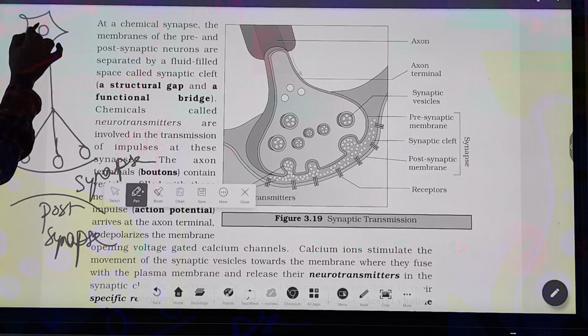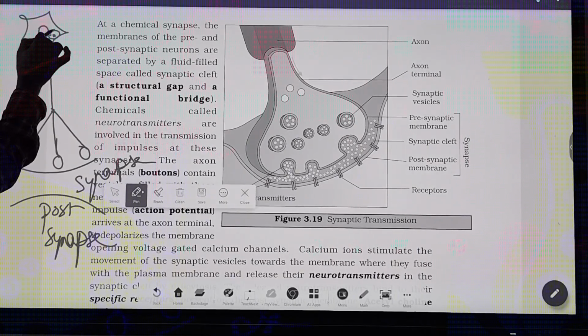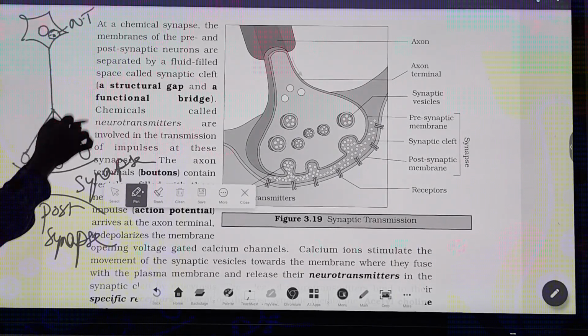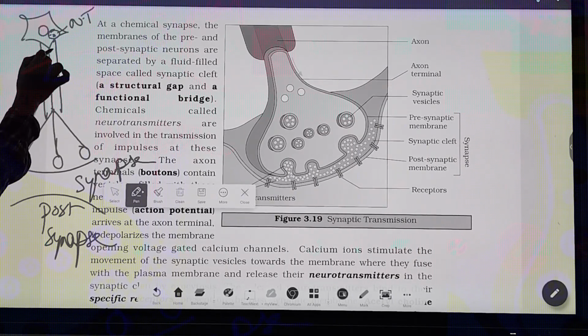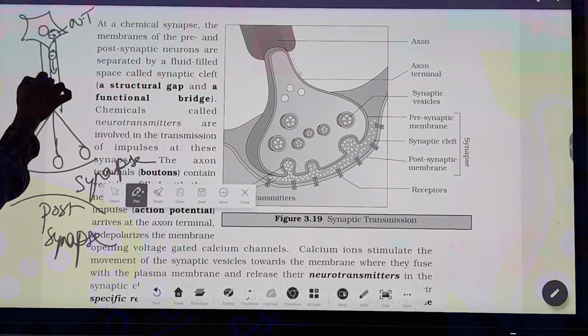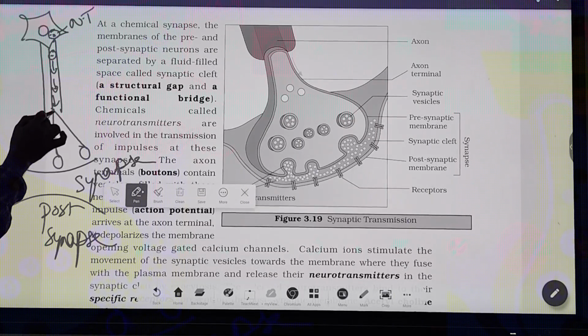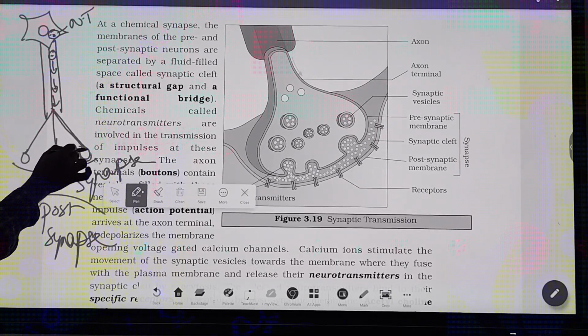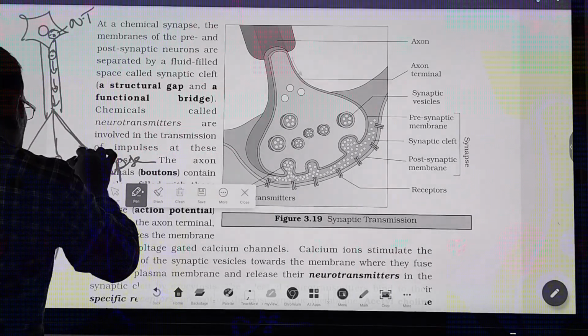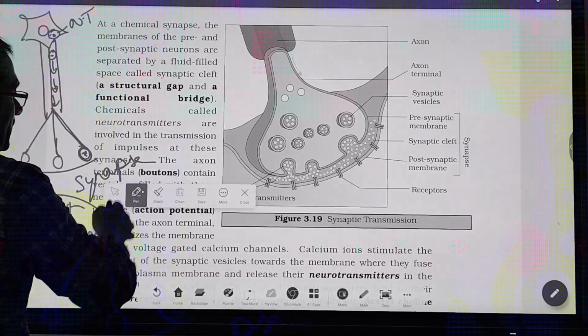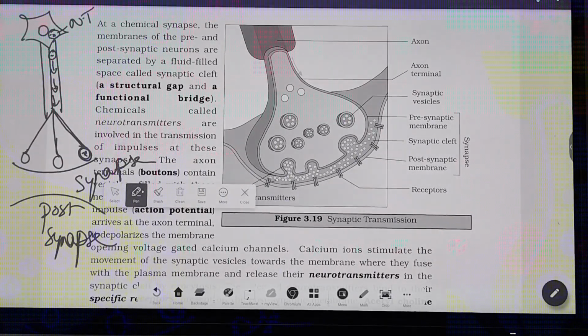So what is happening here? A neurotransmitter is created in the cell body and slides along the length of the axon, entering the knob of the axon terminal, and then the neurotransmitter is released into the synapse.